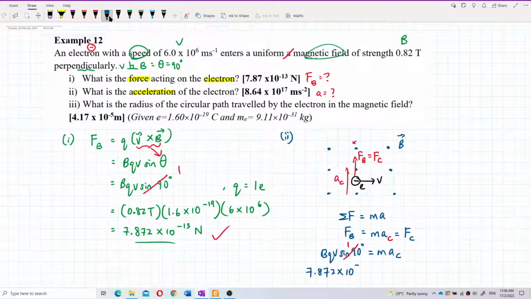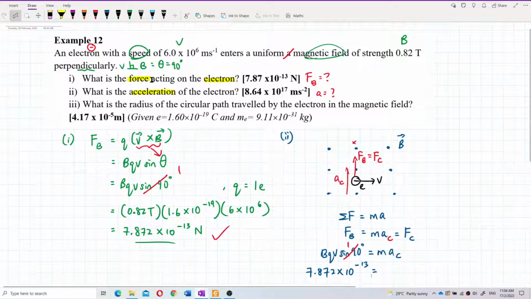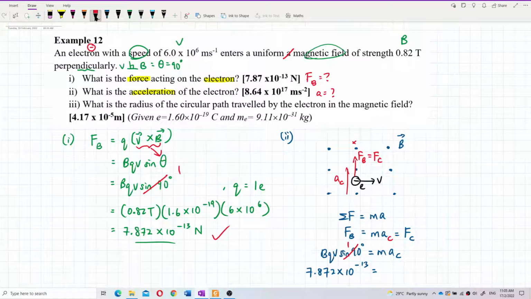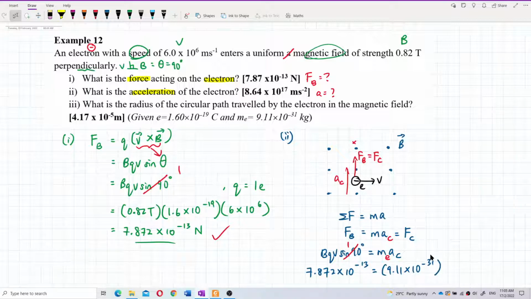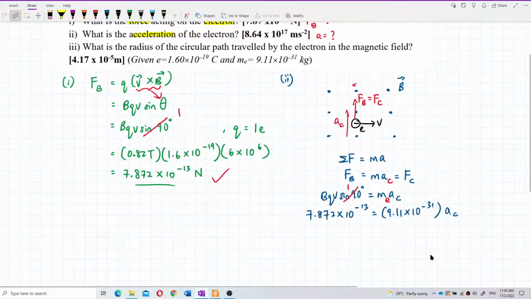Exponent negative 13. And then the mass of electron, 9.11 exponent negative 31. Put it over there also, and then the centripetal acceleration.